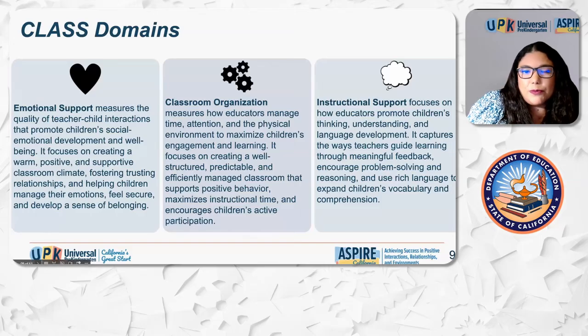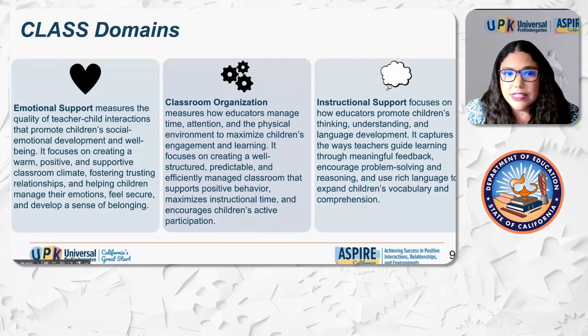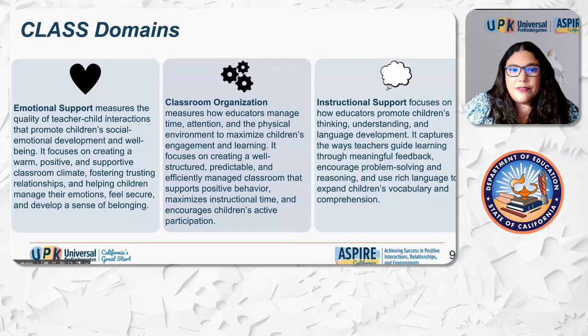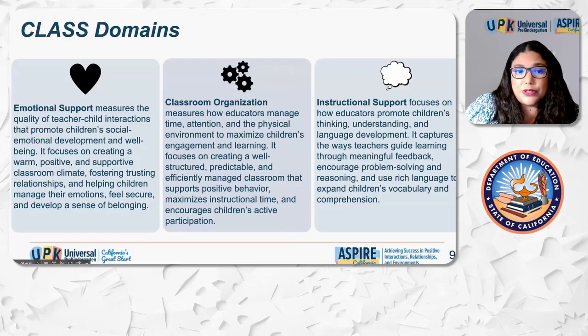So as we know, the CLASS framework is organized into three domains. We have emotional support, classroom organization, and instructional support. So let's start with emotional support. This domain focuses on how educators build warm, positive, and trusting relationships with children.